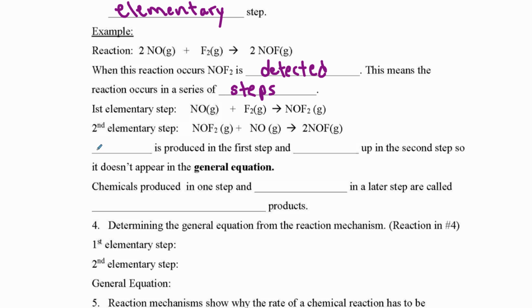So NOF2 is produced in the first step and used up in the second step. So it doesn't actually appear in the general equation, which I've been referring to as the net equation or the balanced chemical equation. So when chemicals are produced in one step and consumed in a later step, those are called intermediate products.